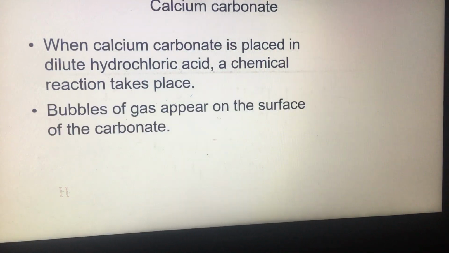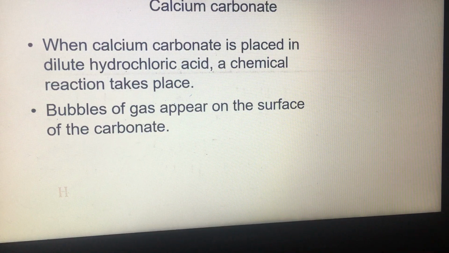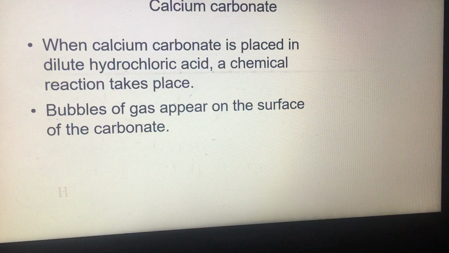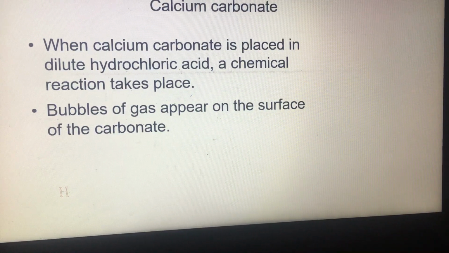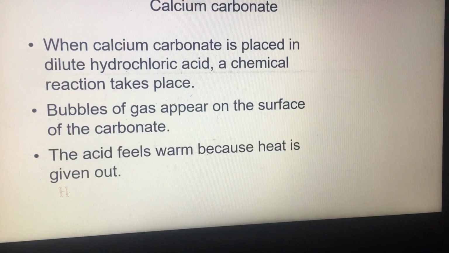When calcium carbonate reacts with hydrochloric acid, carbon dioxide gas is produced. Bubbles of gas appear on the surface of the carbonate. Those bubbles tell us that the reaction takes place.